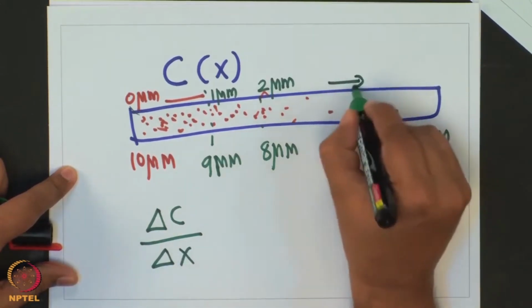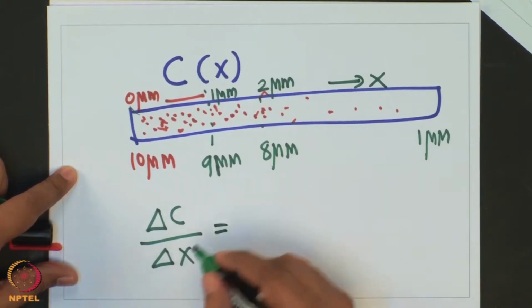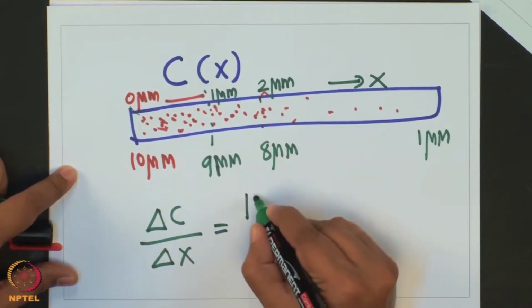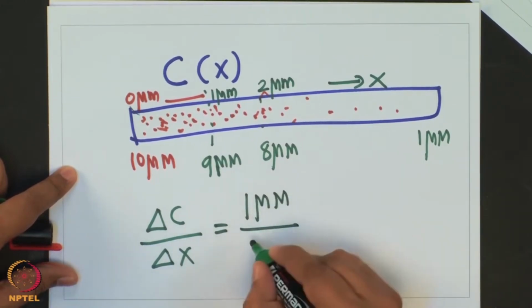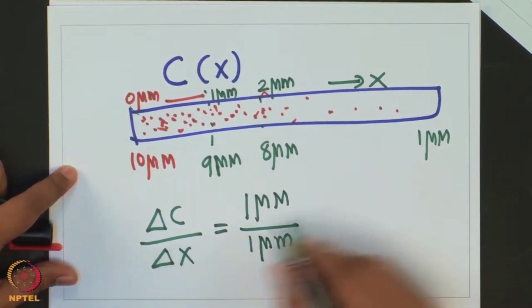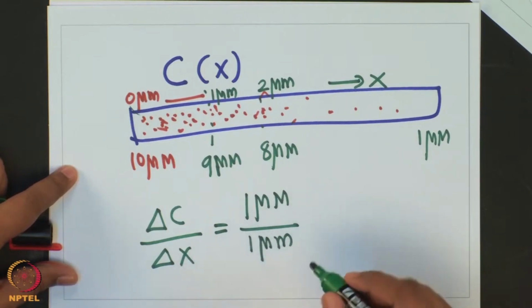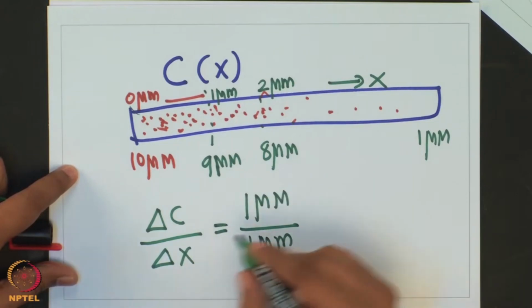As I go along x, the concentration is changing, about 1 micromolar for every micrometer. So this is the change in concentration.